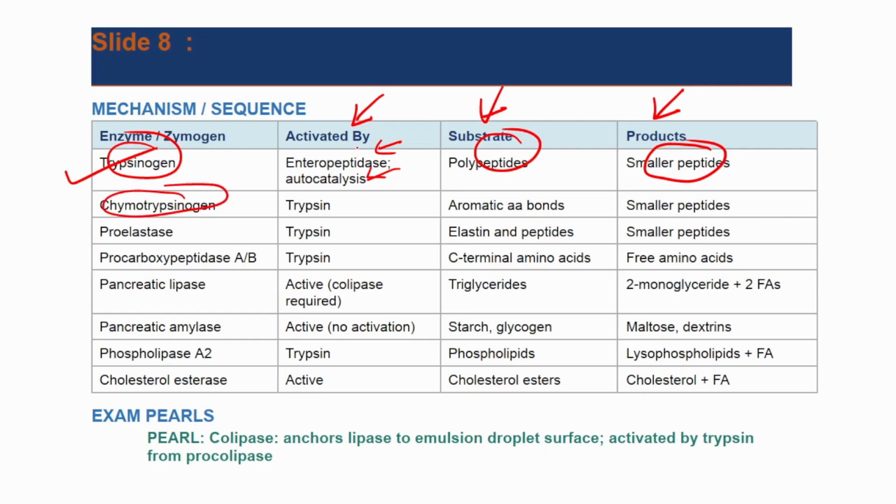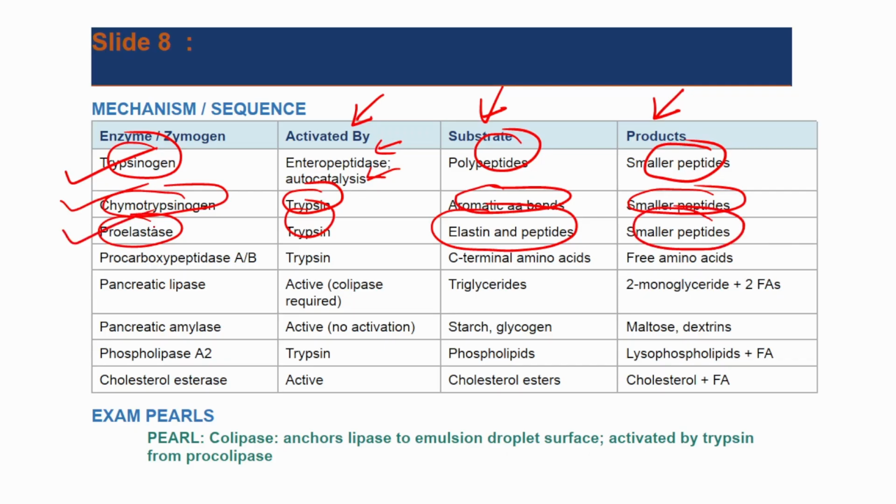Chymotrypsinogen is cleaved and activated directly by trypsin, selectively targeting aromatic amino acid bonds to break down substrates into smaller peptides. Alongside chymotrypsin, trypsin also targets proelastase to break down dense connective proteins. Proelastase is transformed by trypsin into its active form, breaking down elastin and peptides to yield smaller peptides.